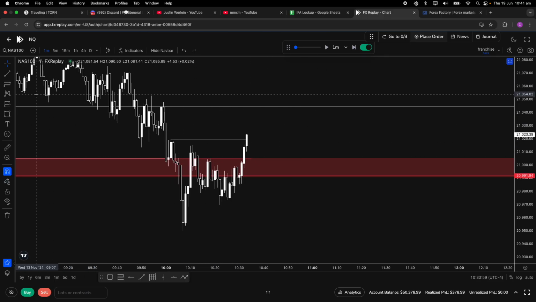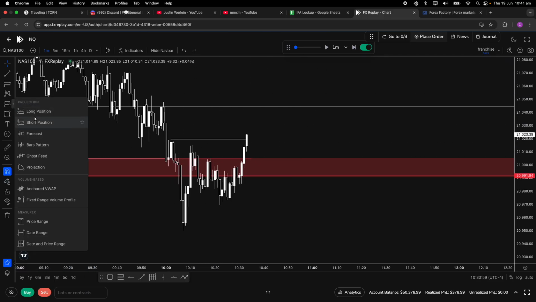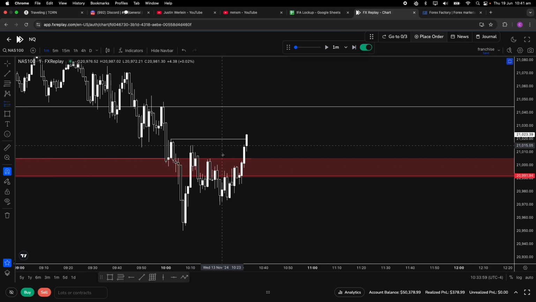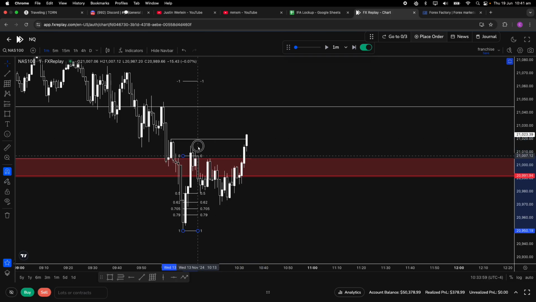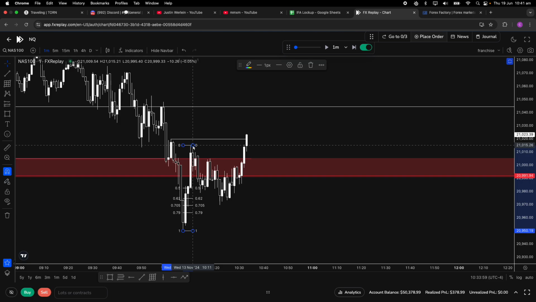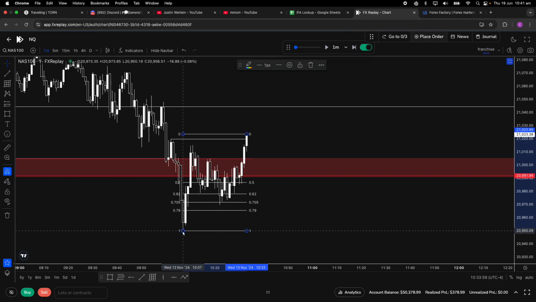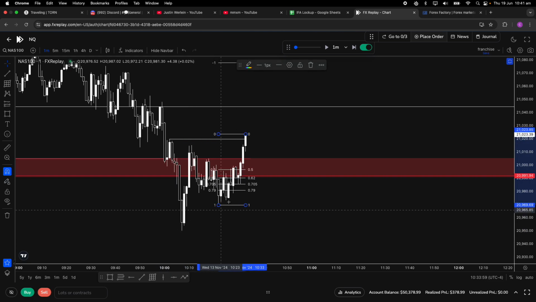So now that we've got this market structure shift, we could just put a long on maybe EQ of this range. However, this does look like the EQ play, OTE, come down. So maybe from this range we can chuck a long.